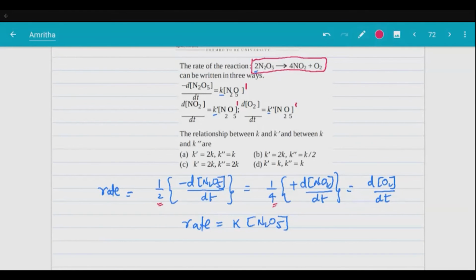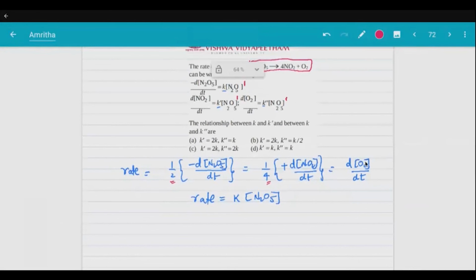K dash is equal to 2K. Okay. Are you sure? K dash is equal to, where is K? NO2. Okay. dO2. What about this? Option B, option C, 2 times. Now see this, rate equalize to this.